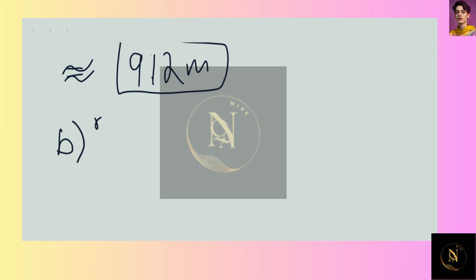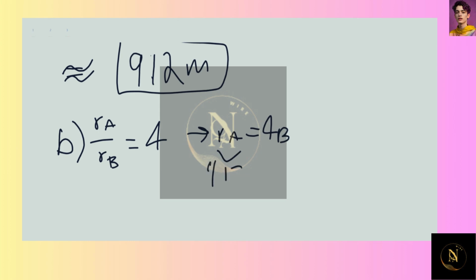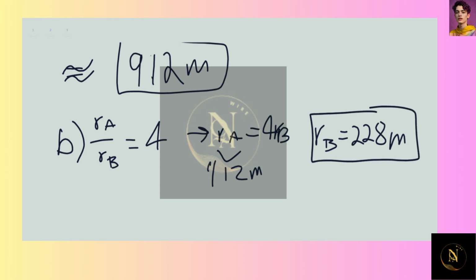We're given the ratio between the two radii at the beginning of the problem. So this means that R_A is equal to 4 R_B, and since we know R_A, it's 912, we know that R_B must be equal to 228 meters. There we go, that's your answer for B.